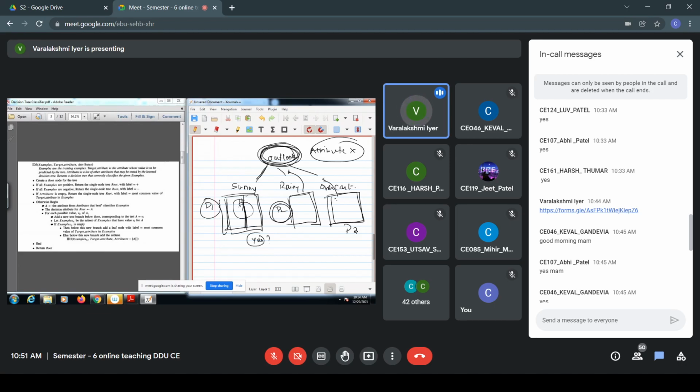So suppose you consider windy as an attribute to split this data and you have split it, then when you reach rainy and overcast, you will not consider windy as an attribute to split the data. You will consider the rest of the attributes that are remaining, for example, temperature and humidity. Okay, those are the remaining attributes, so you will consider them to split the rest of the data. So this attribute will be removed.